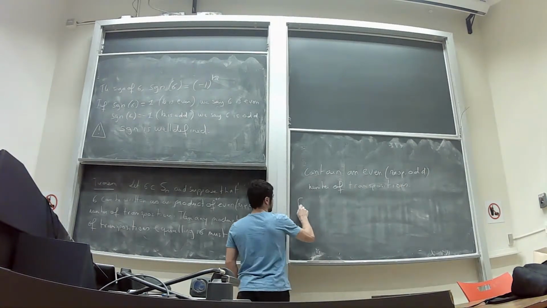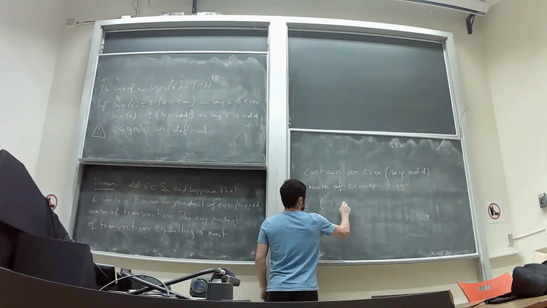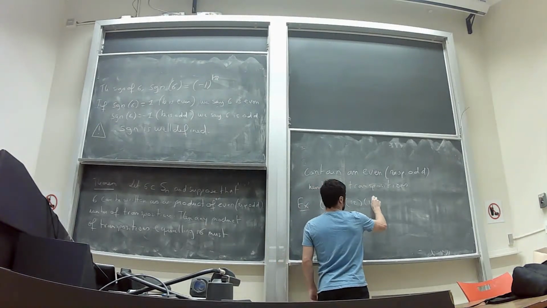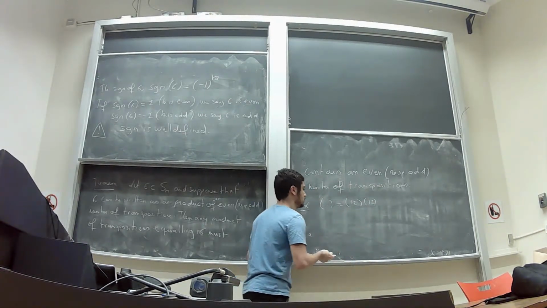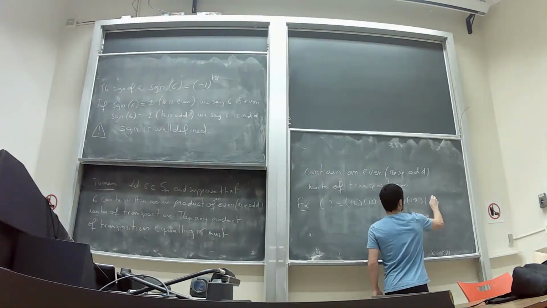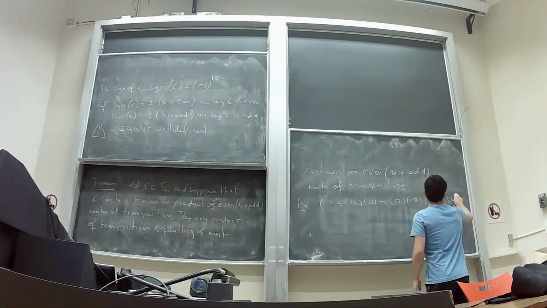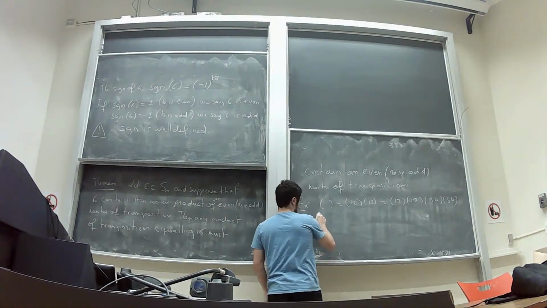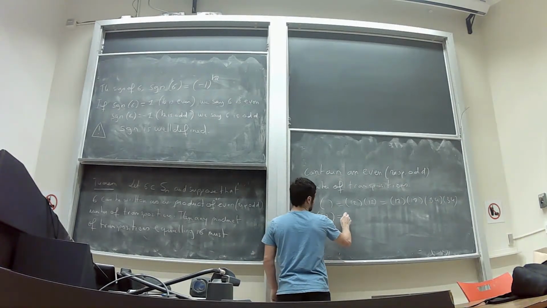For example, the identity is (1 2) times (1 2). Can you write the identity another way? Yes, you can, but the parity of K doesn't change. Let's take (1 2).